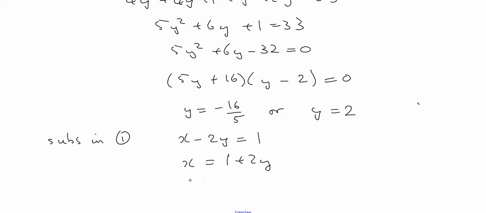So if y equals minus 16 over 5, we have x equals 1 plus 2 times minus 16, that would be 32 over 5, which comes to minus 27 over 5.